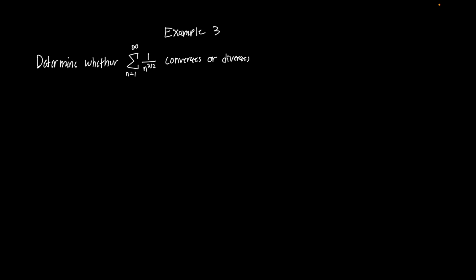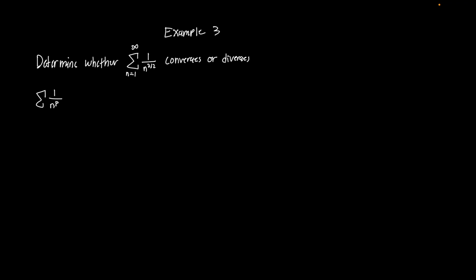Alright. For our next example, we have: determine whether the sum of 1 over n to the power of 3/2 converges or diverges. If you see that this looks way too similar to 1 over n to the p, we know that this is a p-series problem.